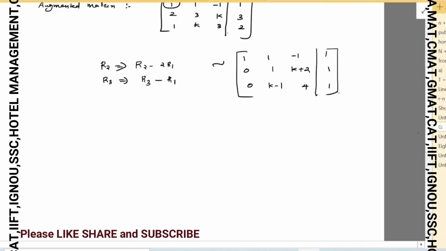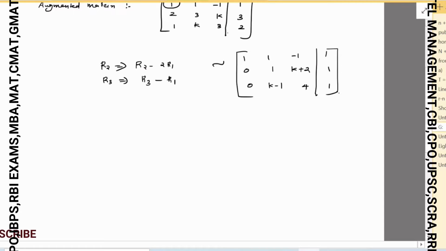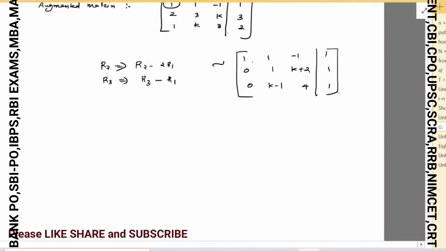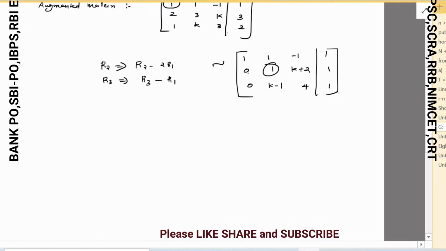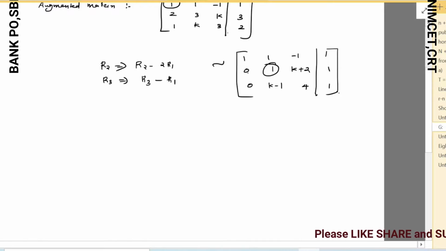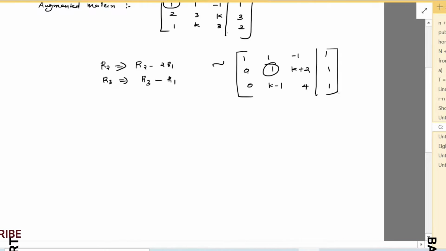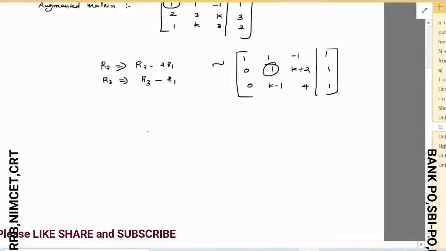So now, is it in echelon form? No. So we will move on to the next leading coefficient and make all the entries below that leading coefficient 0 using the second row. So what is the operation?